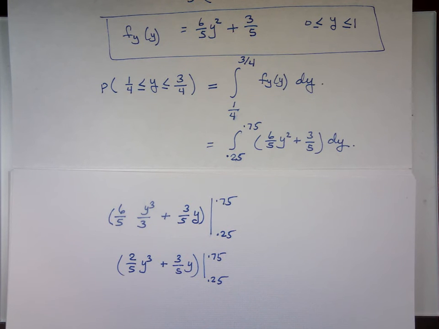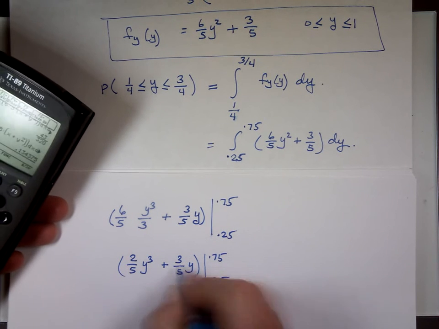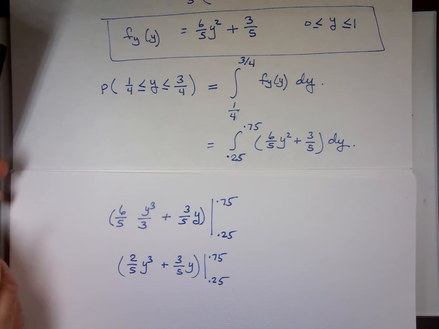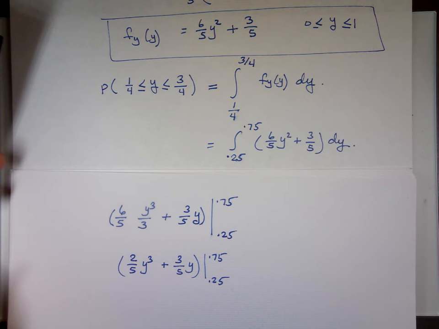Two divided by 5 times 0.75 cubed plus 3 divided by 5 times 0.75.